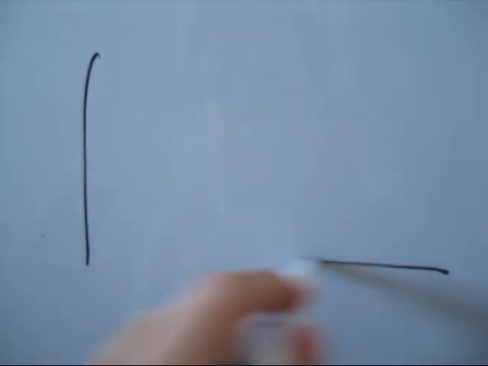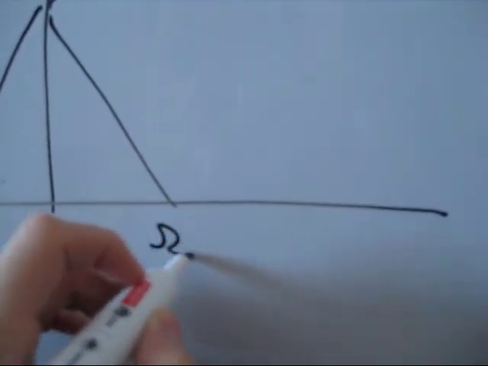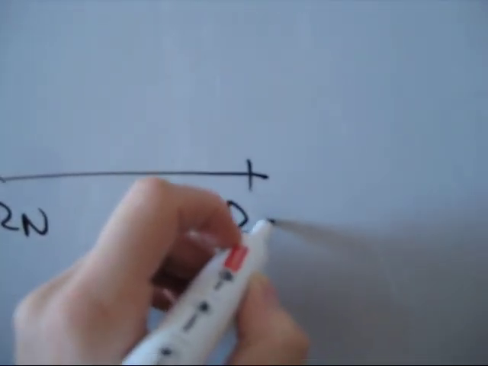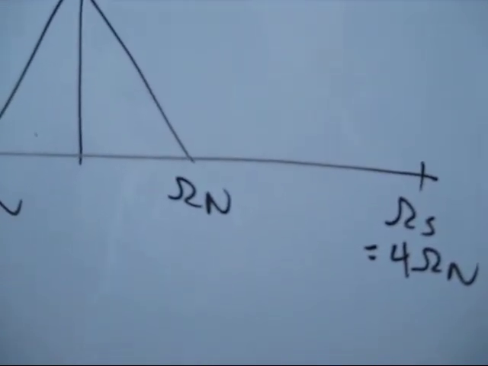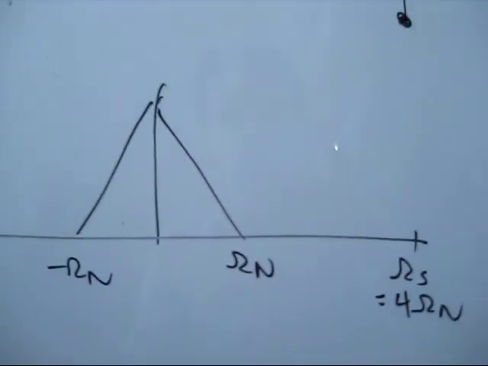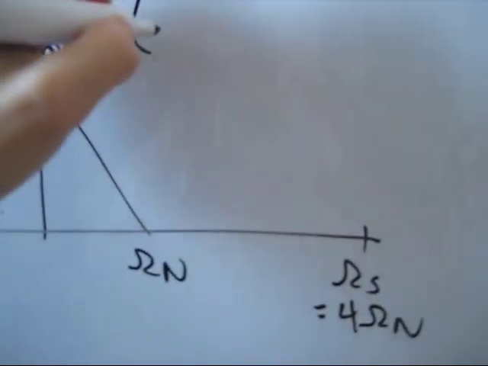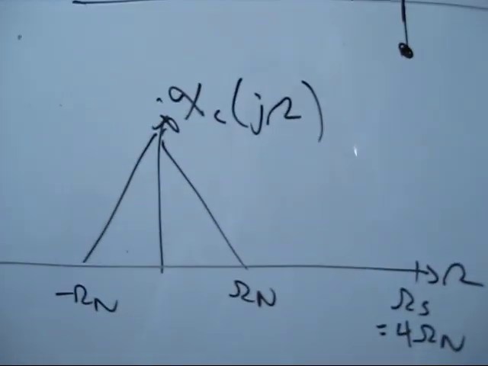We've got the same graph as before. So this is our Nyquist, and then somewhere down here we've got our sampling, which is going to equal 4 times our Nyquist. And we'll just write that in. Continuous J capital omega.